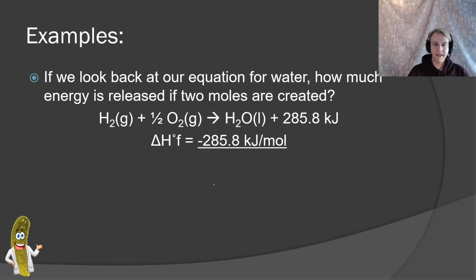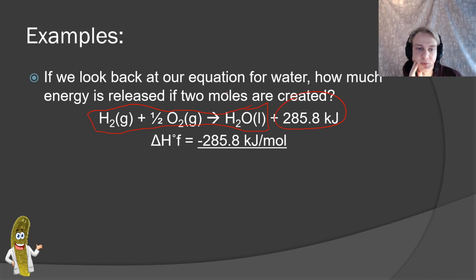Okay, awesome. So if we look back at our equation for water, how much energy is released if 2 moles are created? Again, we balanced this reaction in this weird way with the 1/2 coefficient, so that we could have 1 mole of H2O being produced every time this reaction happens, and that gave us this value here.